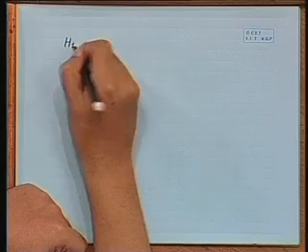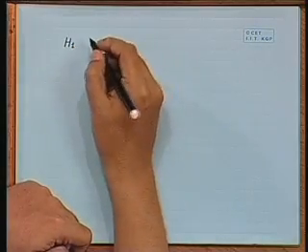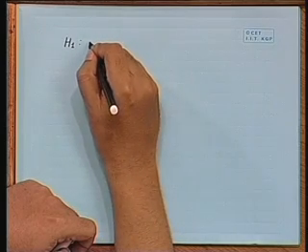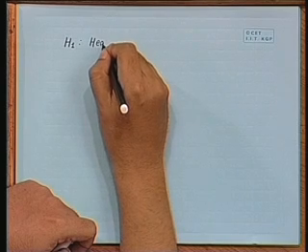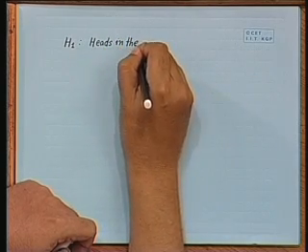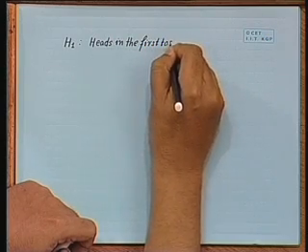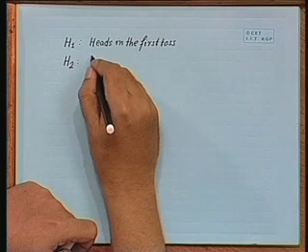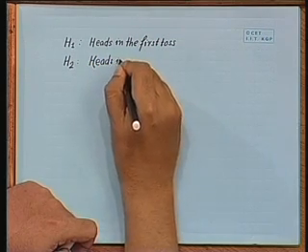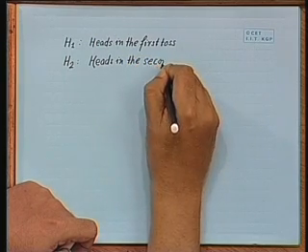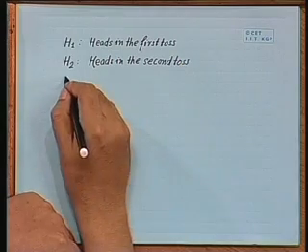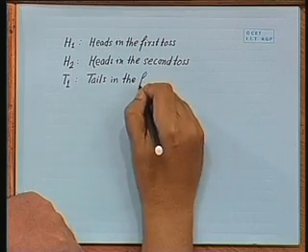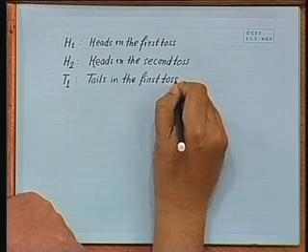Let us say that I toss a coin 2 times, and H1 is the event that we have heads in the first toss, H2 is heads in the second toss, and T1 is tails in the first toss, right.